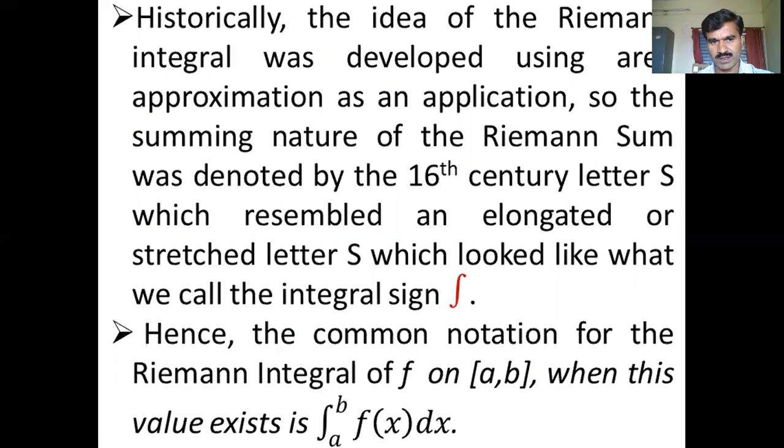The summing nature of the Riemann sum was denoted by the 16th century capital letter S, which resembled an elongated or stretched letter S. This looked like what we call the integral sign. Hence, the common notation for the Riemann integral of f on the closed interval [a, b], when this value exists, is the integral from a to b of f(x) dx.